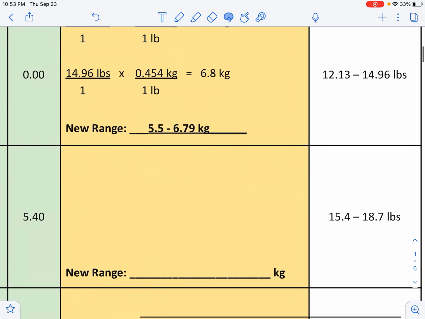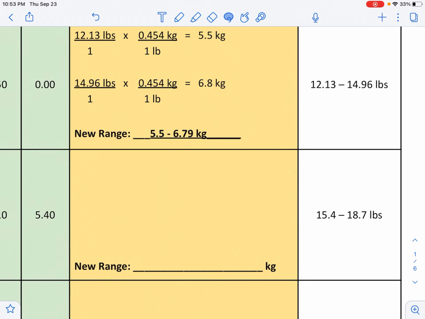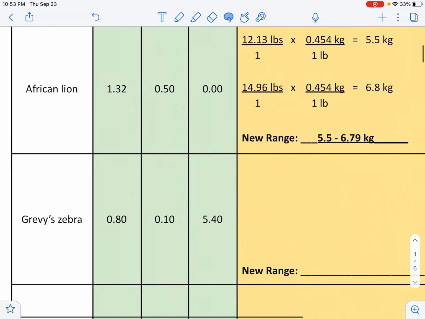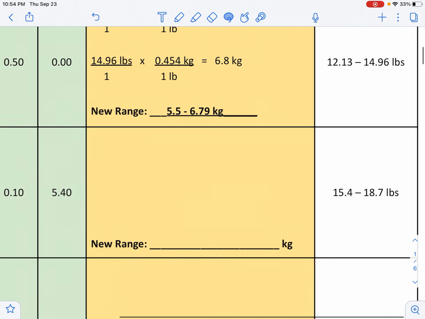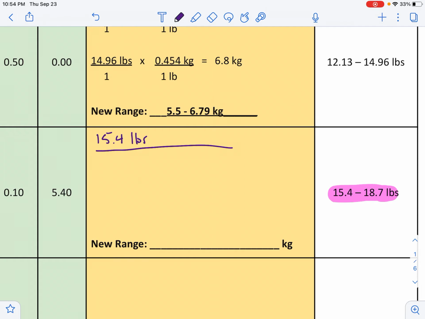So what we're going to do is establish the range for the Grevy's zebra. We're taking these values right here and converting them to kilograms. So we start with 15.4 pounds, and we drop pounds down to the lower right of this T-chart, and up top goes kilograms.